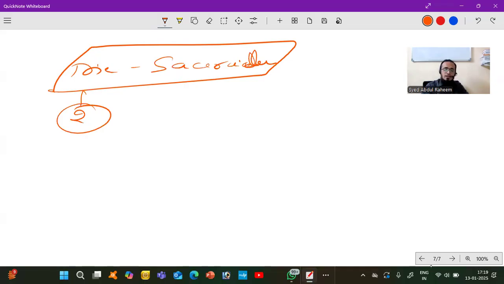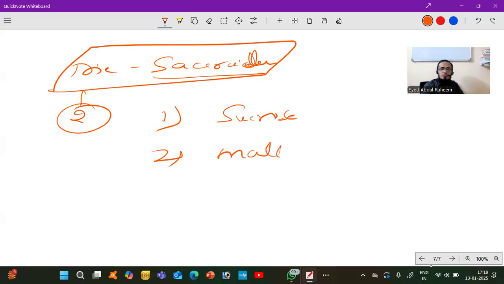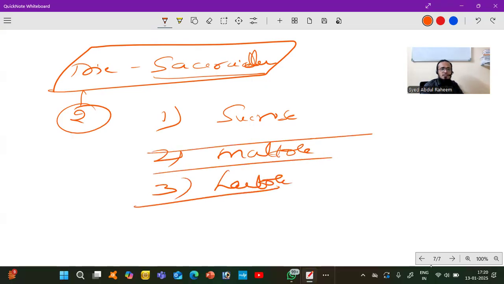If any substance has two sugars, we call it a disaccharide. The examples are sucrose, maltose, and lactose. These are the three examples.